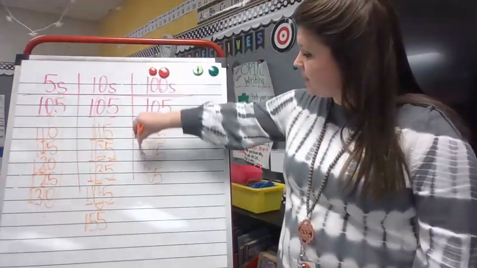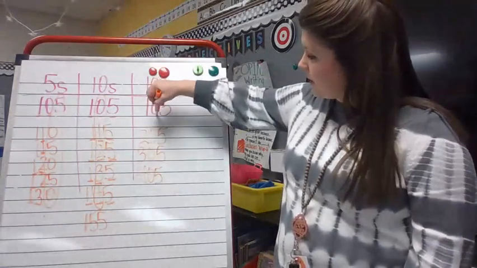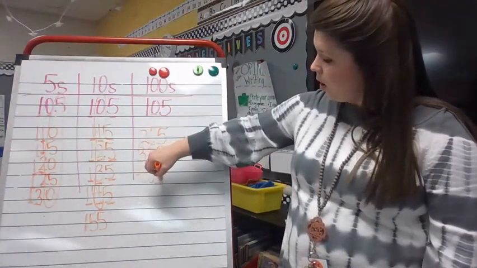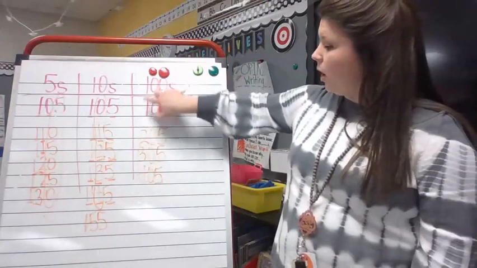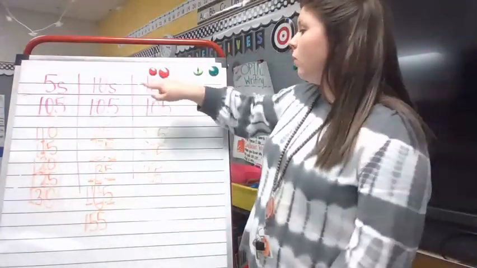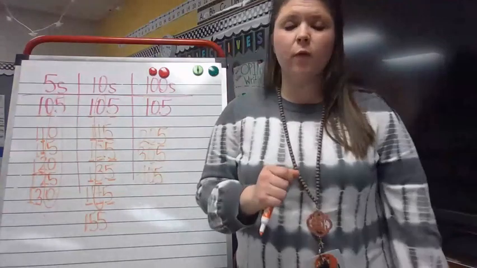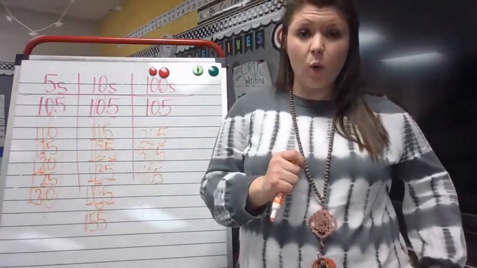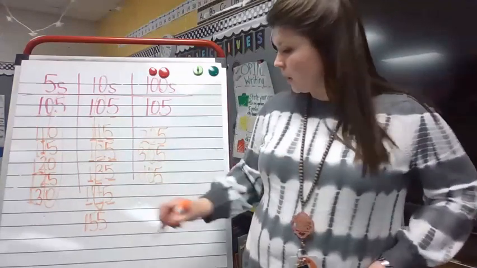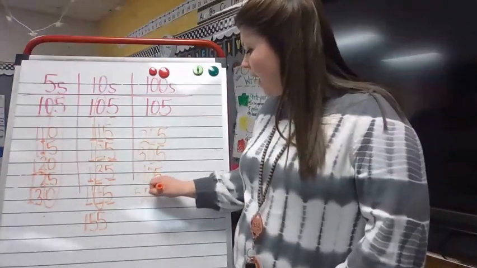Our hundreds place, didn't it? Our tens place stayed the same. Our ones place stayed the same. But our hundreds place changed. 100, 200, 300, 400. What would 405 plus 100 be? 505.